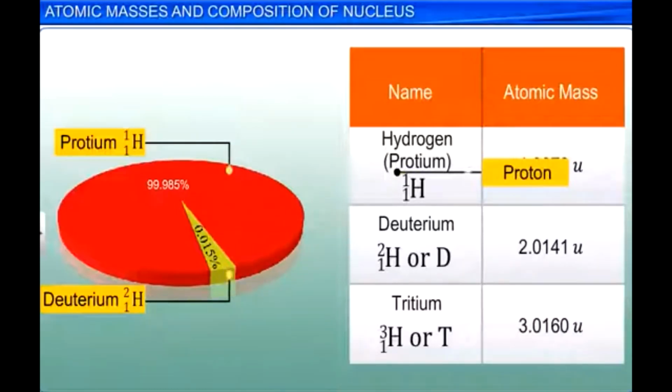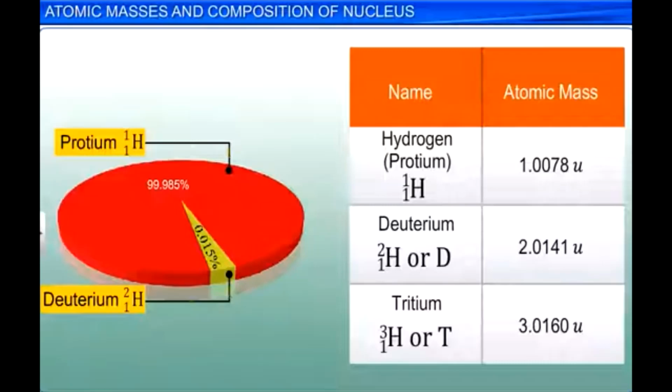The average mass of an atom, or atomic mass, is obtained by the weighted average of the masses of its different isotopes. For example, the atomic mass of hydrogen is the weighted average of the masses of protium and deuterium, the 2 natural isotopes of hydrogen.